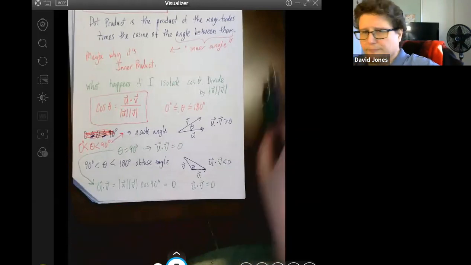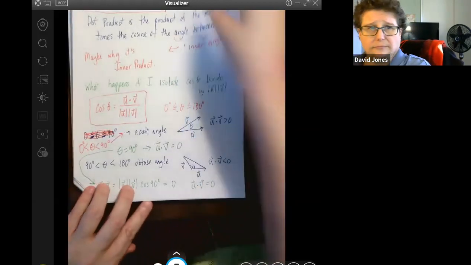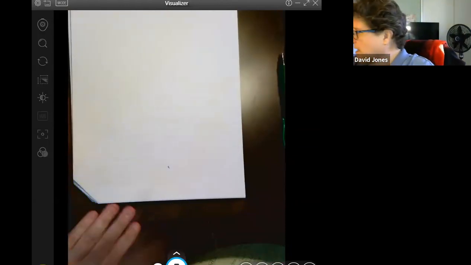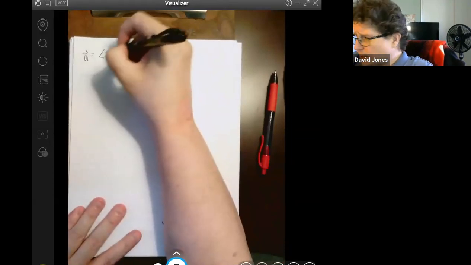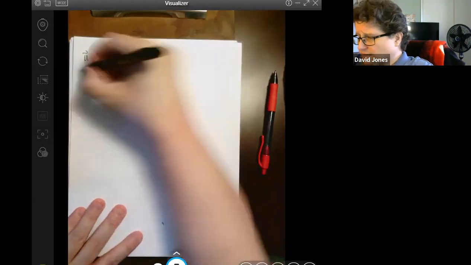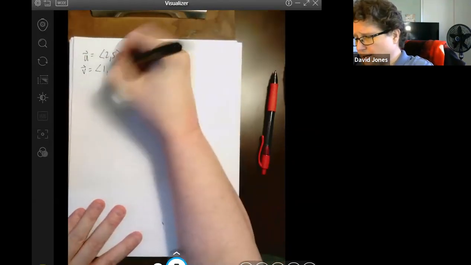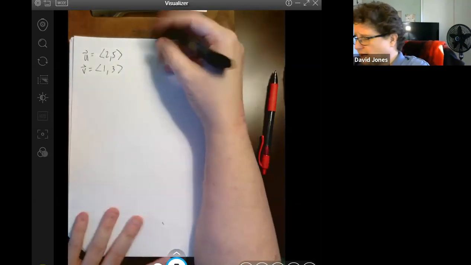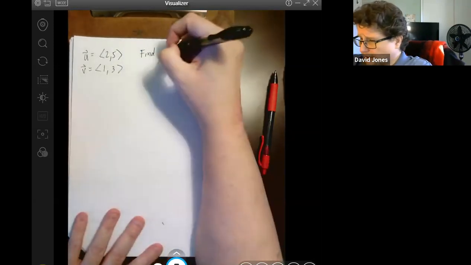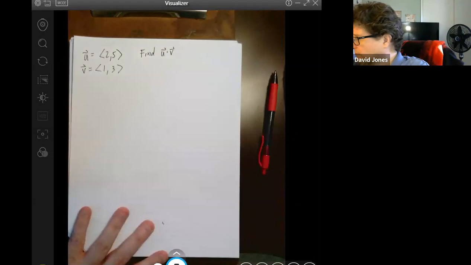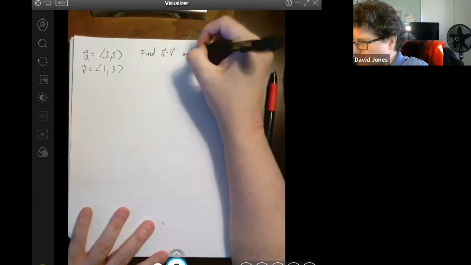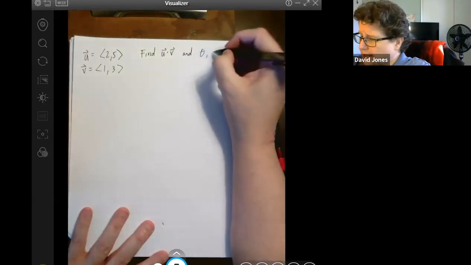And let's look at doing an example. We've got u equals 2, 5 and v equals 1, 3. Find u dot v and theta, the angle between them.